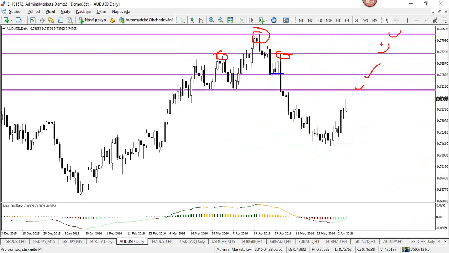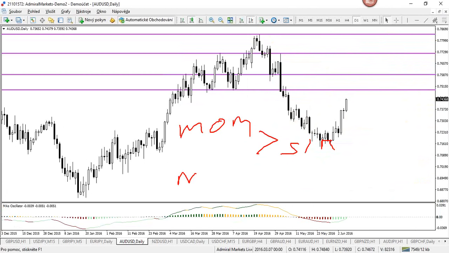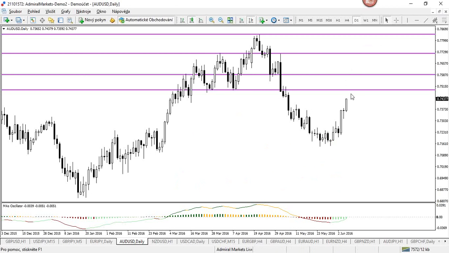It's always this battle between momentum and support and resistance. So if momentum is strong, then it will beat support and resistance. If momentum is weakening, then it will lose against it. All right? Throwing some mathematical equations at you. So that's the target.